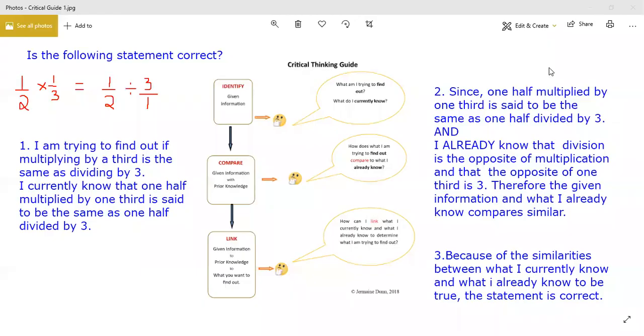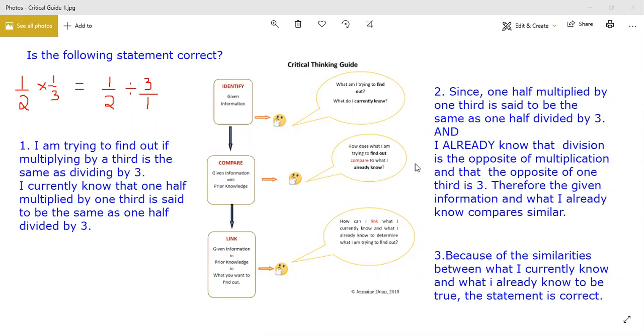All right, so good. We have done step 1, and we're now going to be moving to step 2 in the critical thinking process. I know naturally this will take a student a little more time, and as they get better, they'll be able to be far quicker at how they detect what they're trying to find out and what they currently know.